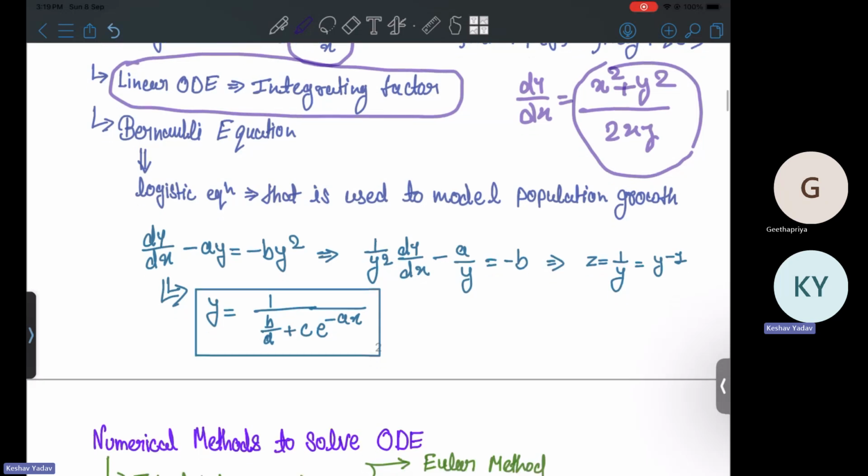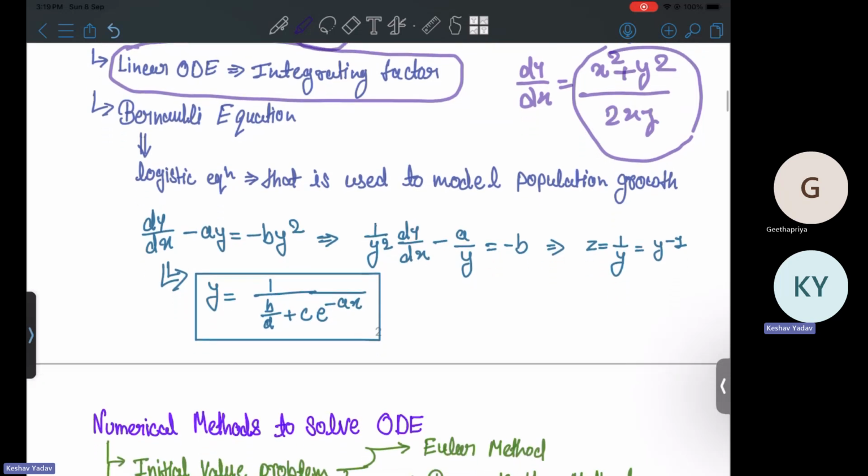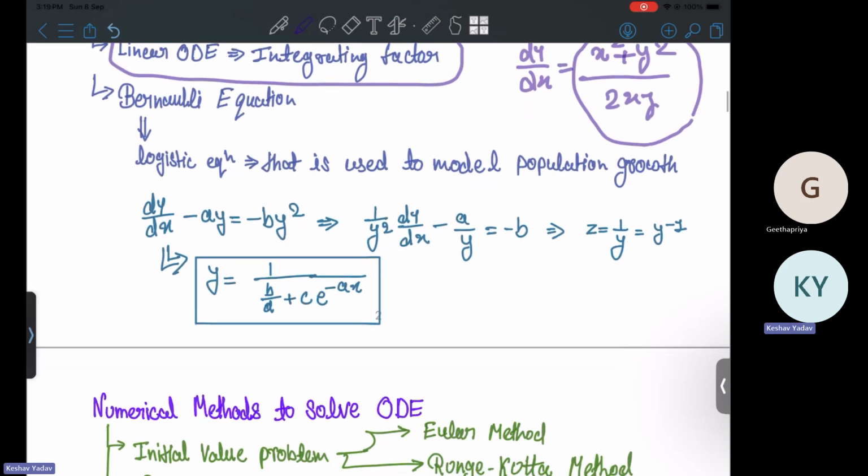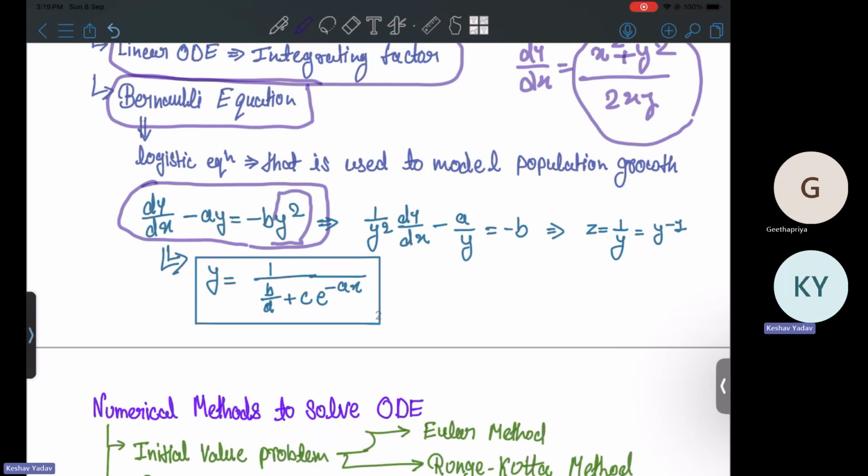Okay, then a linear ordinary differential equation can be solved using the integrating factor method. And there also there is a method for the Bernoulli equation. Means suppose we have a linear equation, and here we have some power of y.